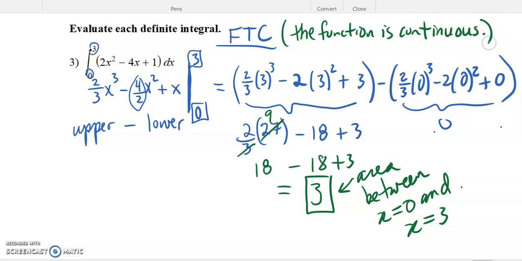Because then we know that the area is uniform underneath it and there's no breaks in the graph, no asymptotes or anything like that. And everything we're going to be dealing with here, the functions will be continuous. So it's more of a side note.